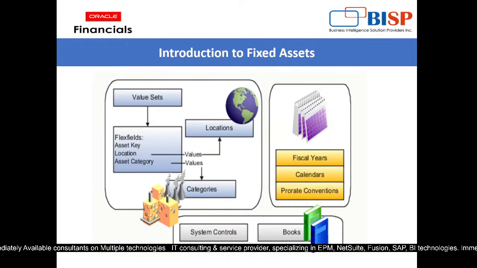They can be classified as property, plant, equipments, furnitures, goodwill, etc. So for example, a building, land, plant and machinery, these can be our fixed assets, and these are shown in the balance sheet as a balance sheet item.